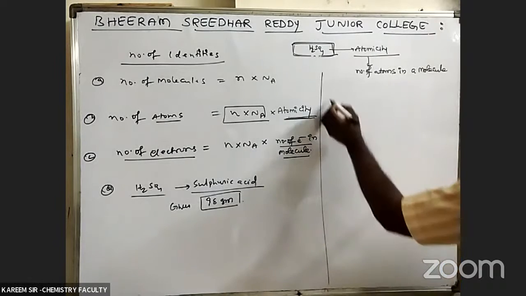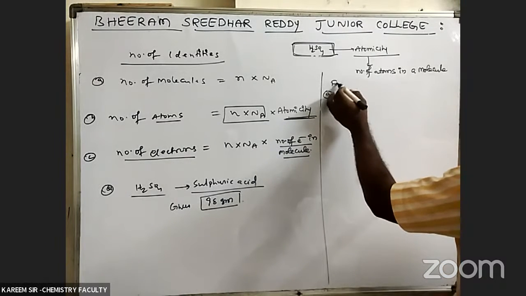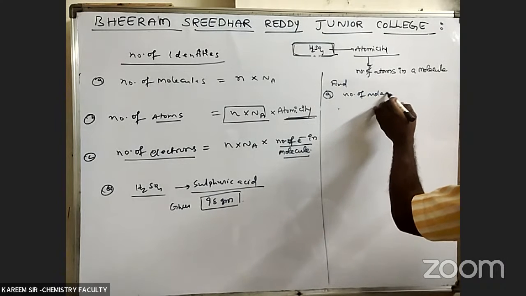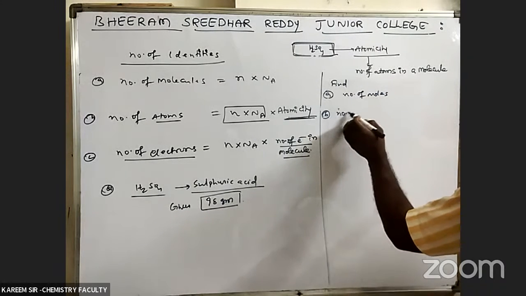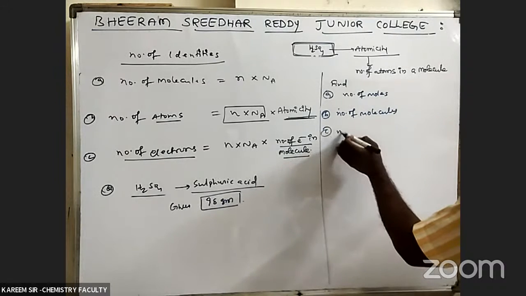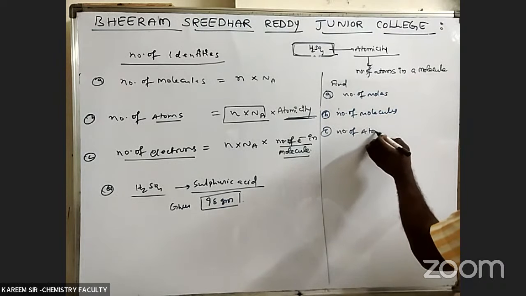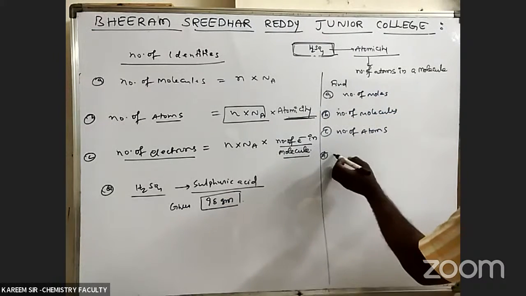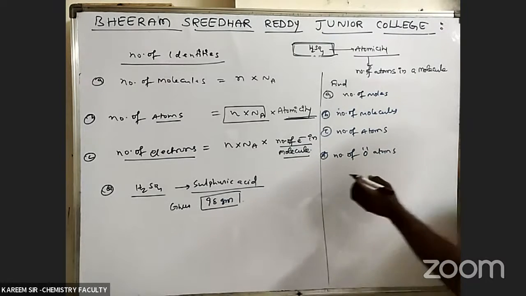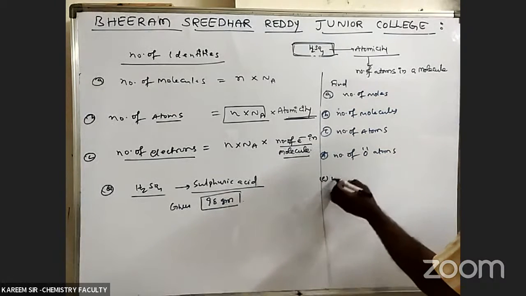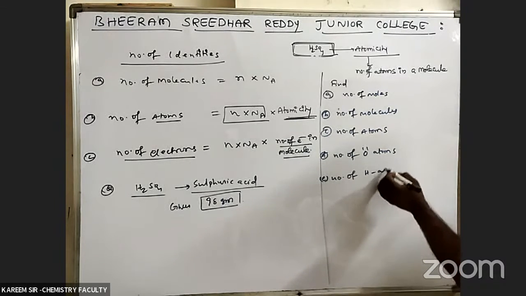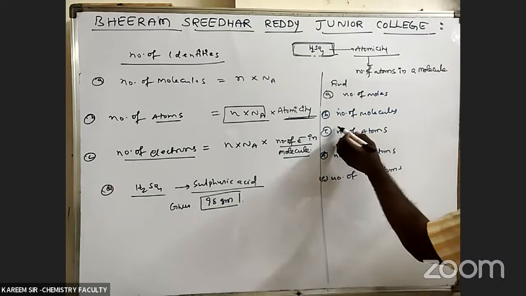So for example, in this, find the number of moles, number of molecules, number of atoms, number of oxygen atoms, number of hydrogen atoms, total number of atoms.